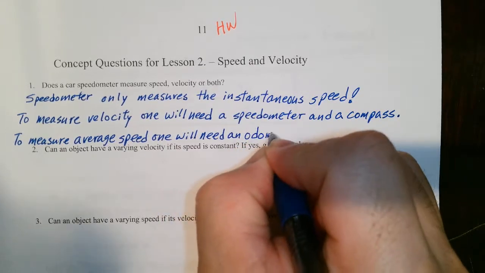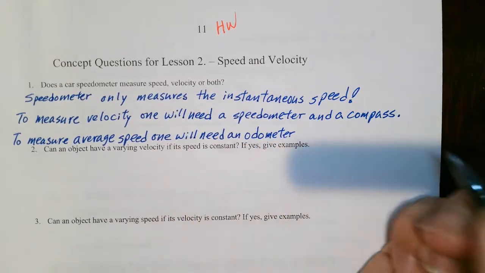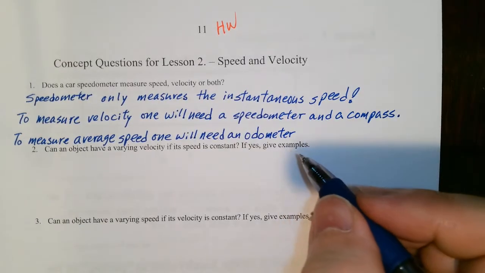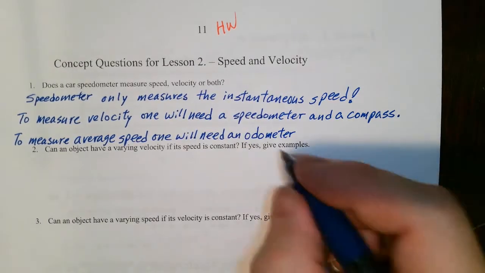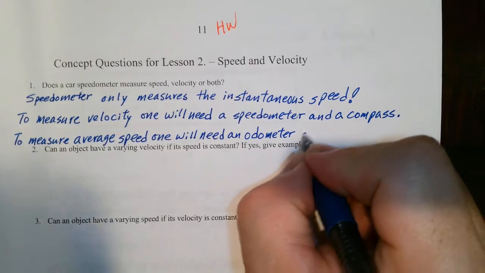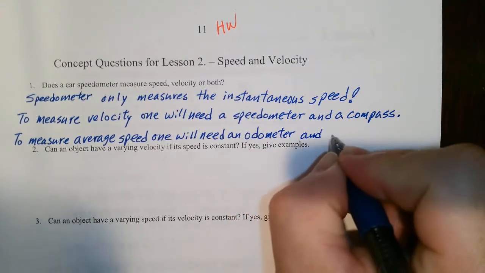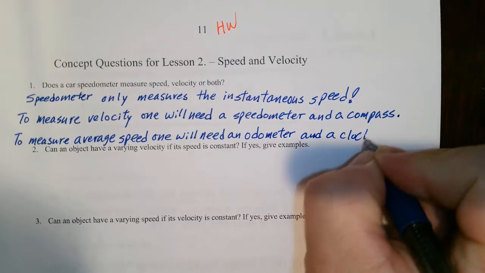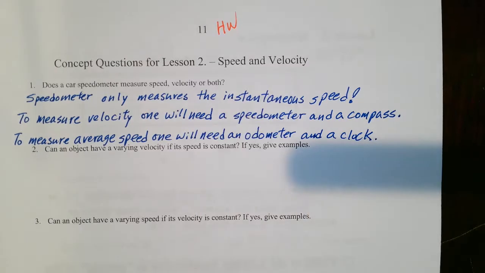An odometer is what measures the mileage that you drove. That's an odometer. And a clock to get the time. All right? So the speedometer only measures the instantaneous speed at the moment.